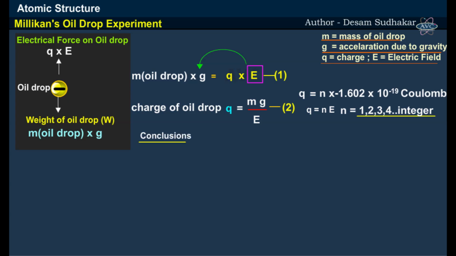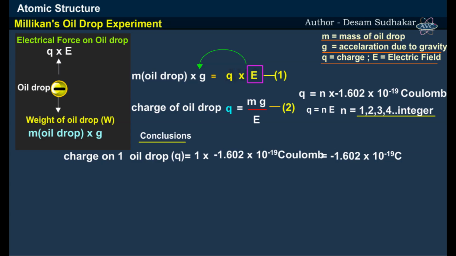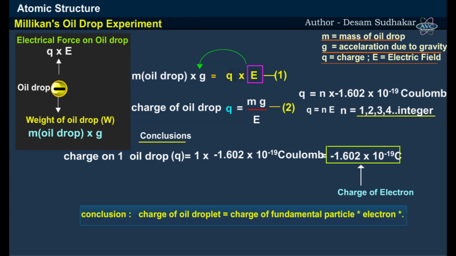From this experiment, Robert Millikan concluded that the fundamental unit of charge on one oil droplet equals negative 1.602 times 10 to the power of minus 19 coulombs. This is nothing but the charge of the electron.